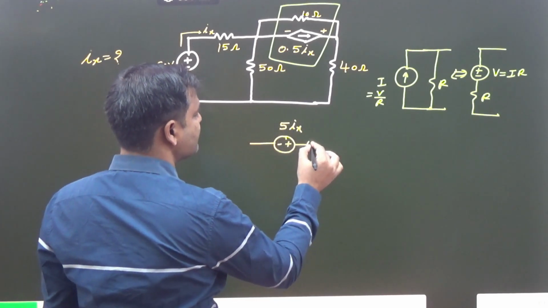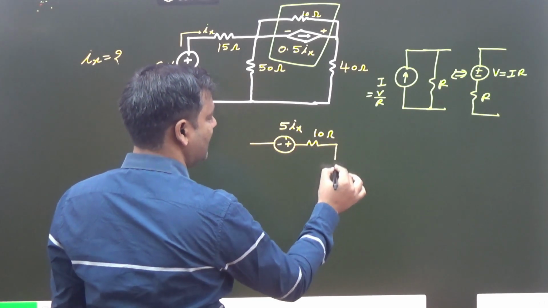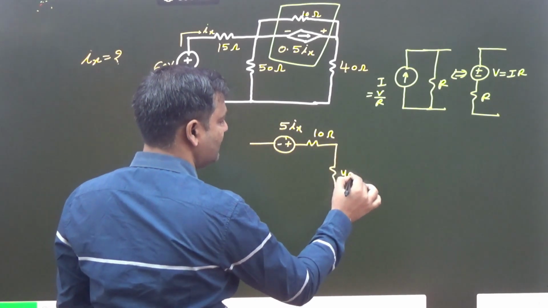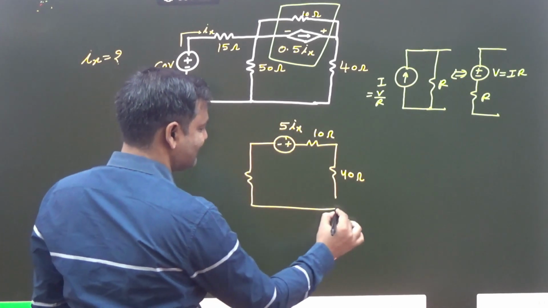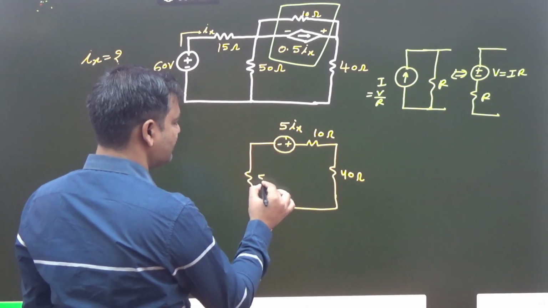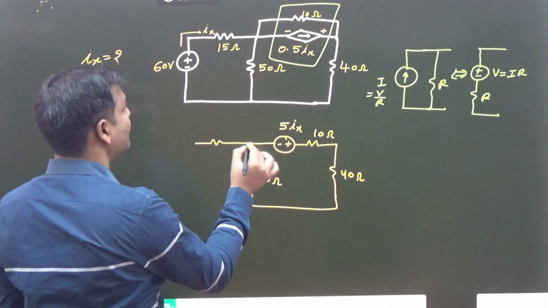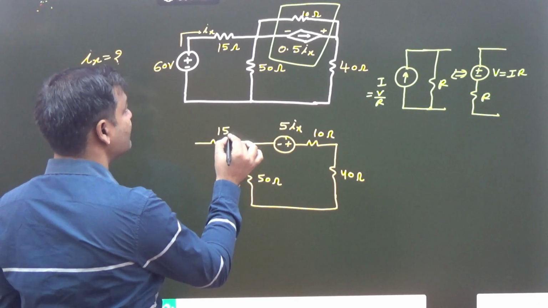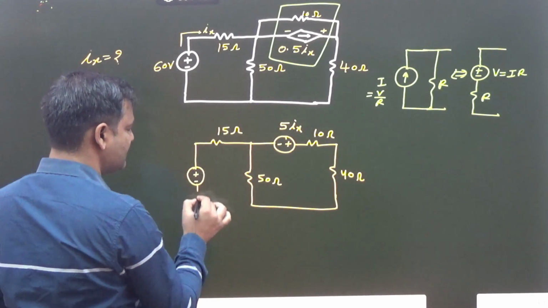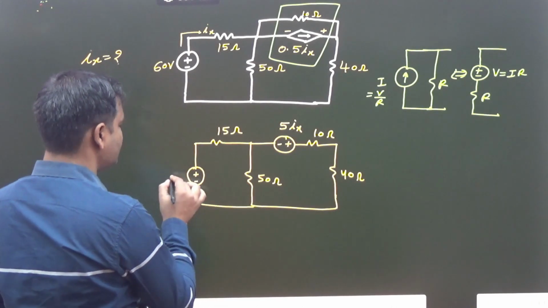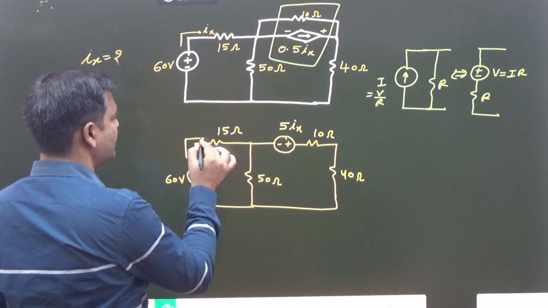The resistance is 10 ohm in series with 40 ohm, that is 50 ohm, and here is 15 ohm, and that one is plus minus 60 volt. And here is Ix.